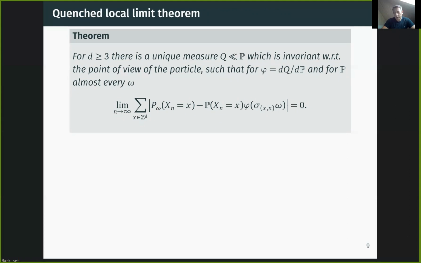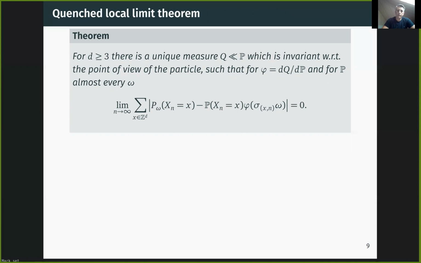Then for the Radon-Nikodym derivative of this measure Q with respect to P, we have for almost all omegas that this sum converges to 0 as n goes to infinity. And this is the quenched local limit theorem. So we have here the quenched law, we have here the annealed law, and the annealed law is reweighted by the Radon-Nikodym derivative of Q with respect to P.